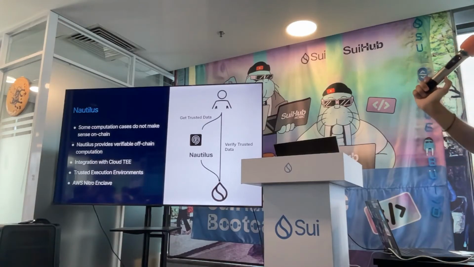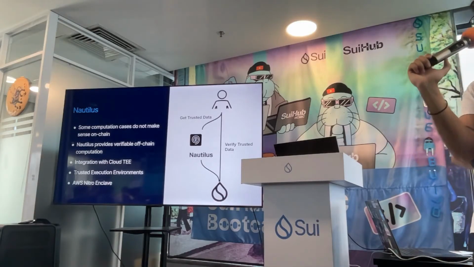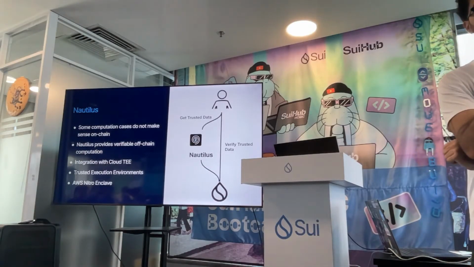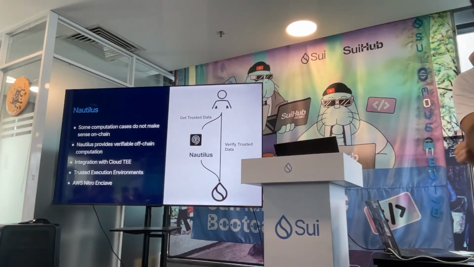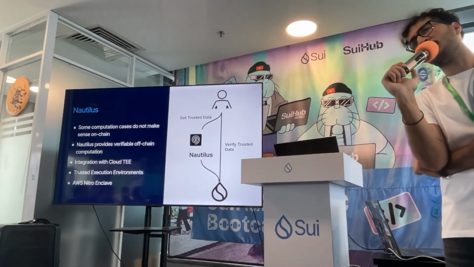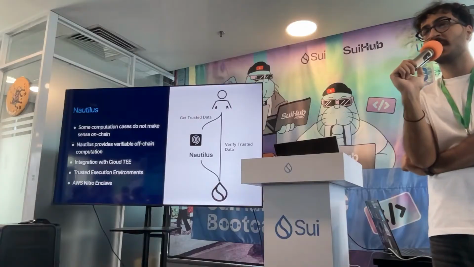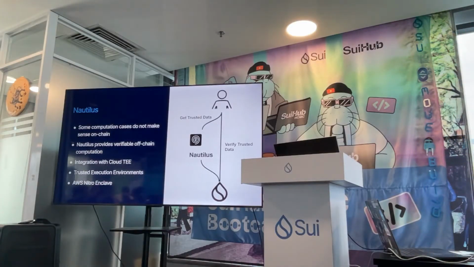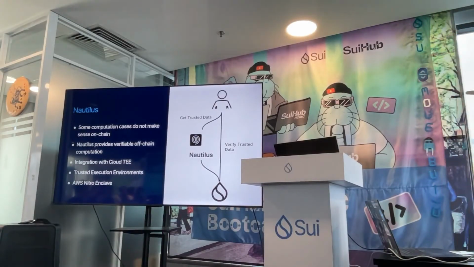If any of you needs to take a look further into Nautilus, please let me know and I will share further documentation. But for the matter of this bootcamp, all you need to know is basically that we have more complex logic on a trusted execution environment, but we still need to verify on-chain that everything was done the right way. We can utilize Nautilus for that.